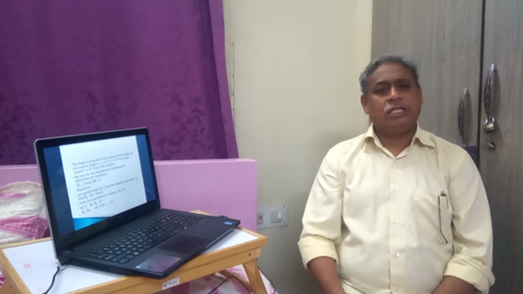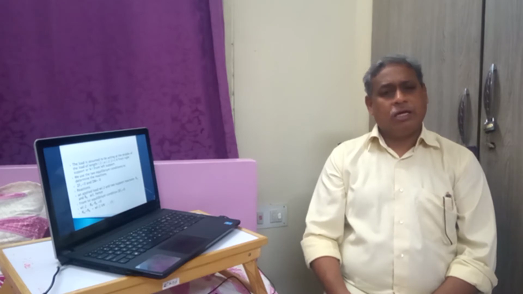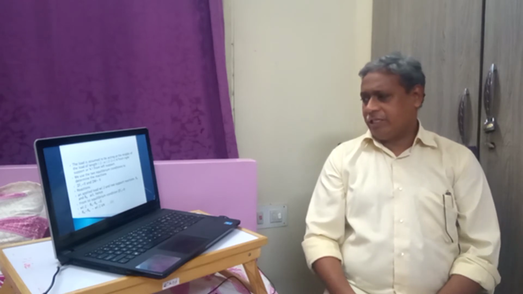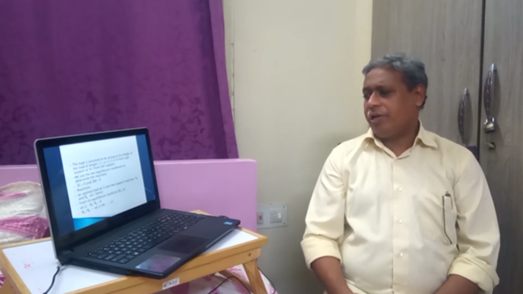Our notation is that forces coming from the top are considered positive, and the forces going from the bottom are negative. That is why we have considered WL by 2 as positive and RA and RB as negative. Therefore, RA plus RB is equal to WL by 2.